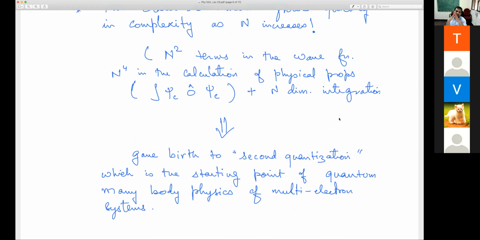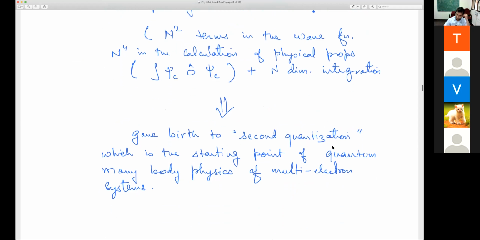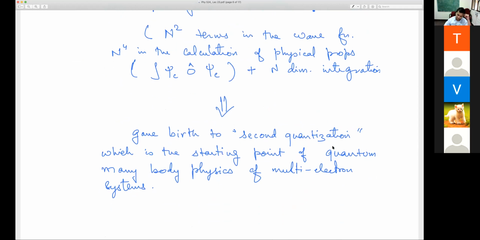It is very nicely applicable to multi-electron systems beyond atoms, for example a collection of atoms. That's the whole of second quantization, which many of you must have seen in your second course of quantum mechanics.